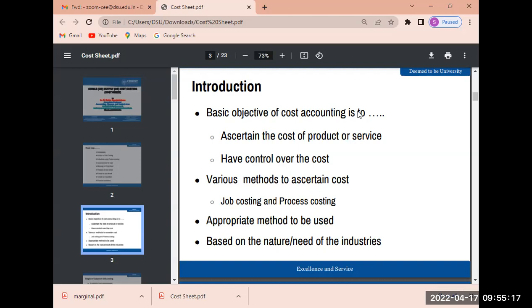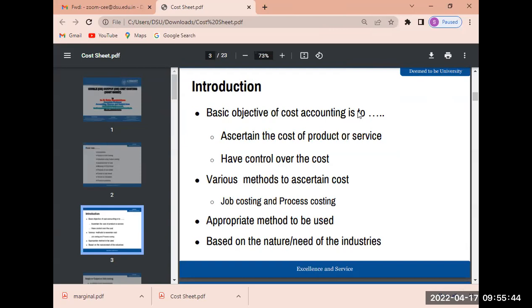The output of one process will be the input for the subsequent process. The output of that particular business will reach the last level after crossing two or three processes. Those kinds of industries should apply a certain technique of ascertainment of cost. That technique is called process costing.